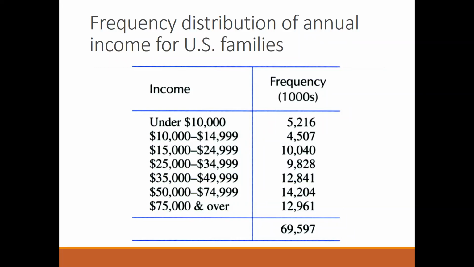Agree with me, everyone? Yes, sir. So if I change my question now, what is the probability that the family income does not lie between 15,000 and 49,999? What are you supposed to do? We already found out the probability that it will lie between this range, which came to 0.47. So simply 1 minus 0.47 will give me the probability that the salary is not going to lie between 15,000 and 49,999.